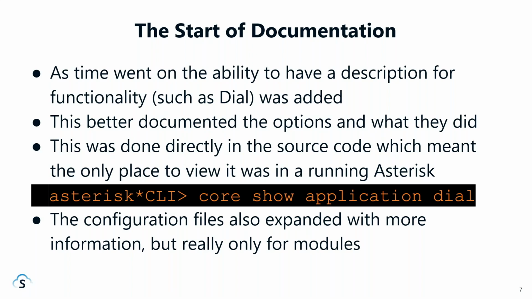However, this really only showed the configuration that was available for modules and didn't really show you how to put different pieces together. So for example, it wouldn't show you how to configure a full phone system. It would just show you, here's how you use dial. So it was only a stepping stone to better documentation overall.